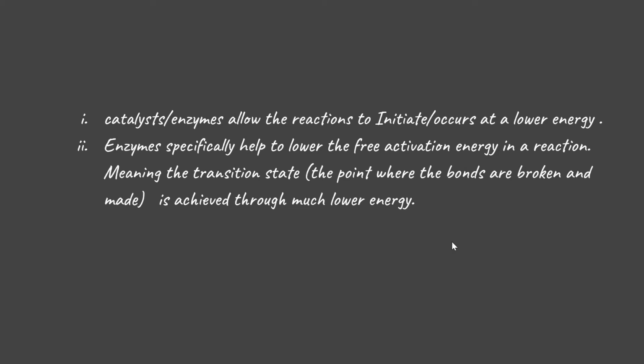Using these enzymes specifically, we help to lower the free activation energy in a reaction, meaning the transition state, which is a state after the reactants and right before the products where all the bond breaking and things occur. So these enzymes specifically help us achieve that state through much lower energy.